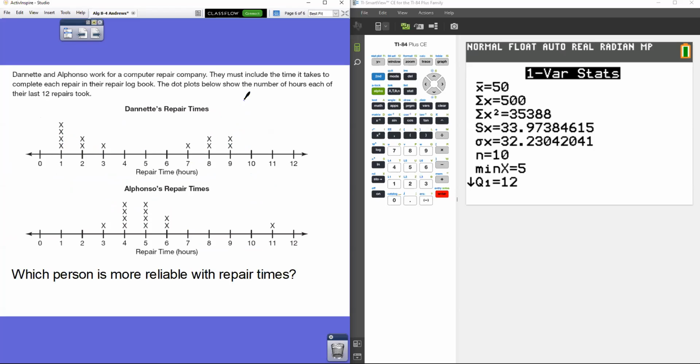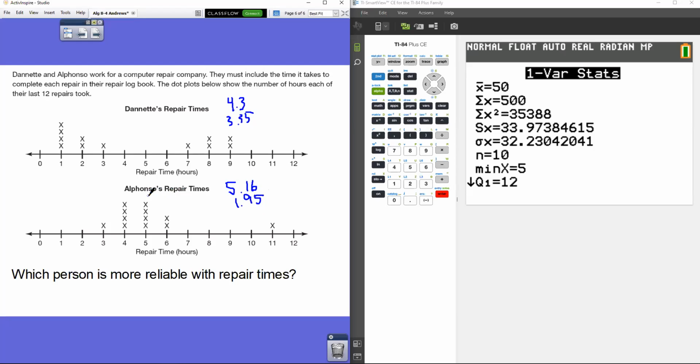The mean here for this is Danette and Alfonso. We're talking about repair times. So the mean here takes Danette about 4.3 hours on average, and her standard deviation is about 3.35. For Alfonso, his mean is about 5.16, and his standard deviation is 1.95.